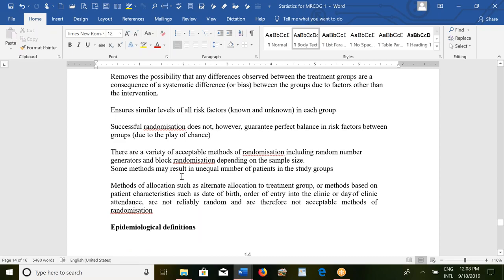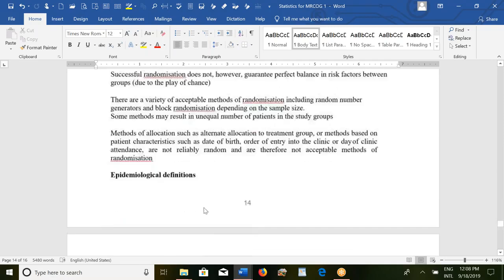Some methods may result in unequal numbers of patients in the study groups. And methods of allocation such as alternate allocation to the treatment group, or methods based on patients' characteristics such as date of birth, order of entry into the clinic or day of clinic attendance, are not reliably random and are therefore not acceptable methods of randomization.